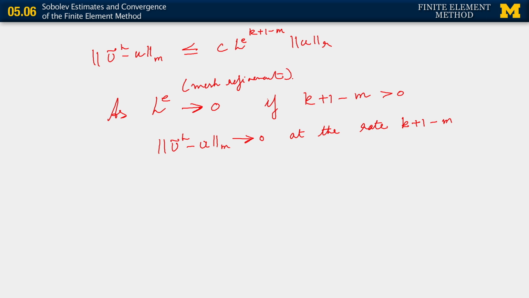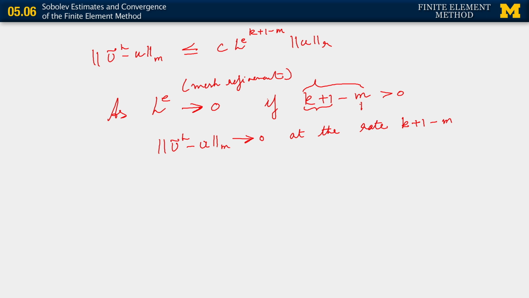Okay, so what the Sobolev estimate tells us is that as you refine the mesh, if you look at this interpolation error, it will vanish, provided what? Provided that number is greater than 0. How can we make that number greater than 0? We can make it greater than 0 by taking a higher polynomial order, right?